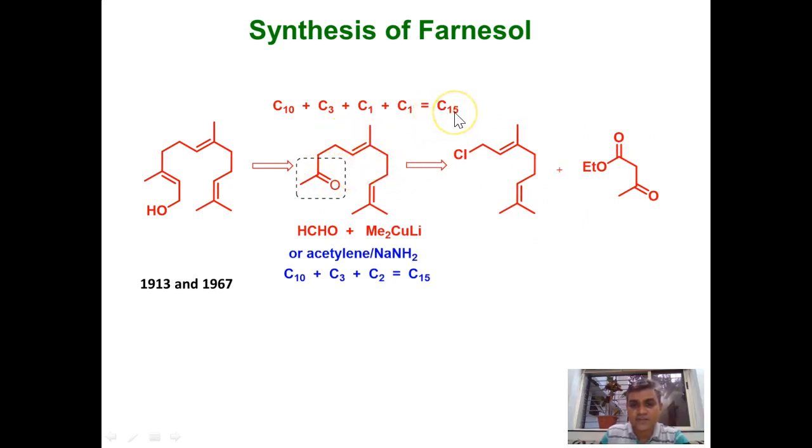Our requirement is 15 carbon atoms, and 10 carbon atoms are coming from geranyl chloride. This substrate can be obtained from chlorination of geraniol with thionyl chloride.